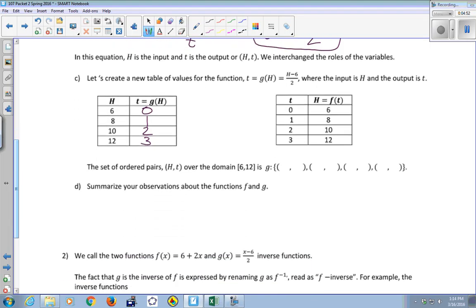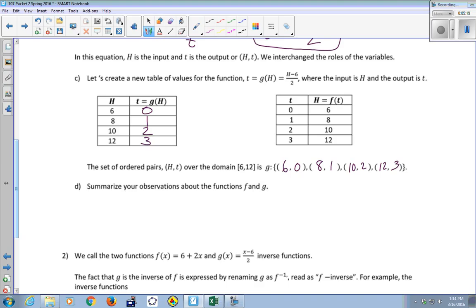So what do you notice about these two tables, the h comma t table versus the t comma h table? They're the same except, yeah, they just switched which variable was input and which was output. So the set of ordered pairs, if I'm defining them as h comma t, is going to be 6, 0, 8, 1, 10, 2, 12, 3.